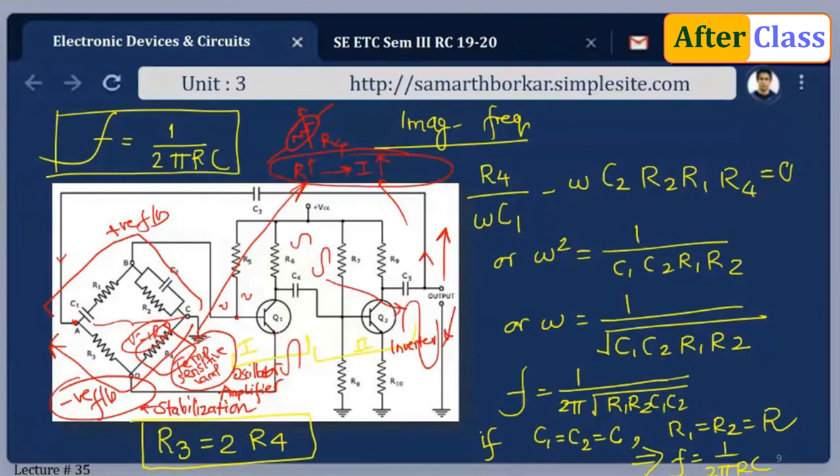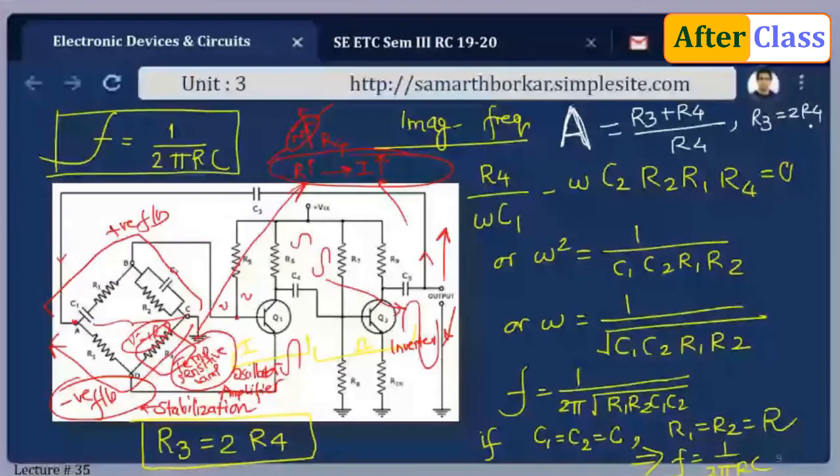And the amplifier voltage gain A equals (R3 plus R4) by R4. And we know that R3 is twice of R4. This means A equals 3.